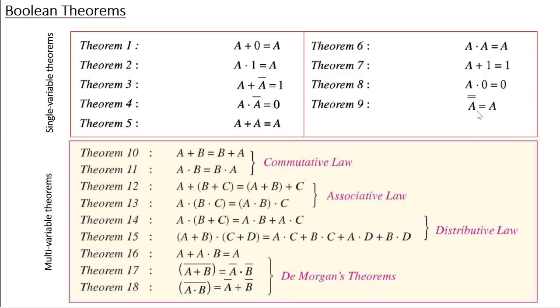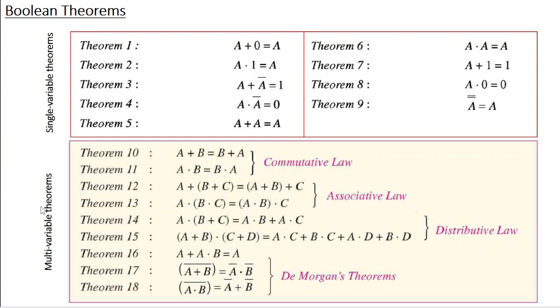Finally, A double complement: inverse of the inverse will be the same. This we have utilized in the construction of OR gate using a NOR gate, or construction of AND gate using the NAND gate. So double inversion gives you the same signal.